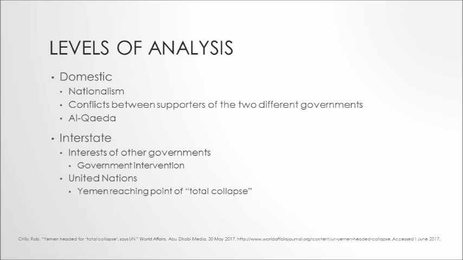From an interstate analysis, the interests of other governments do play a role in the conflict. On the side of the Hadi government, Saudi Arabia has been fighting against the Houthi movement, and oftentimes civilians get caught in the middle, unfortunately. The U.S. is also involved.